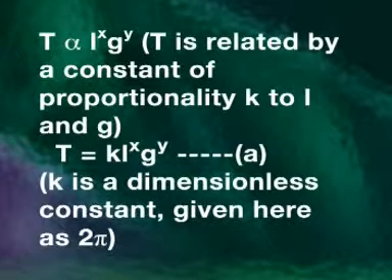Thus, this can be written as T equals K, which is a constant of proportionality, L raised to the power x, and g raised to the power y. K is a dimensionless constant, and it is given as 2 pi.